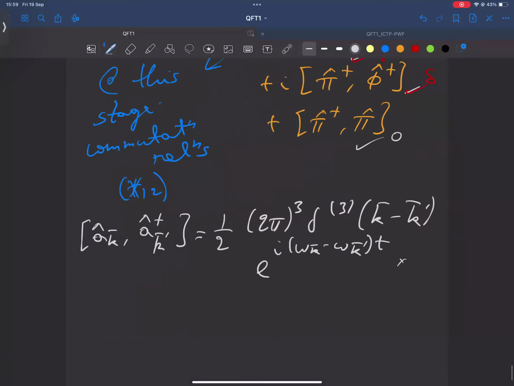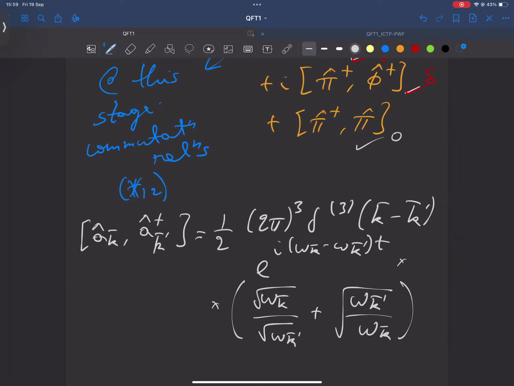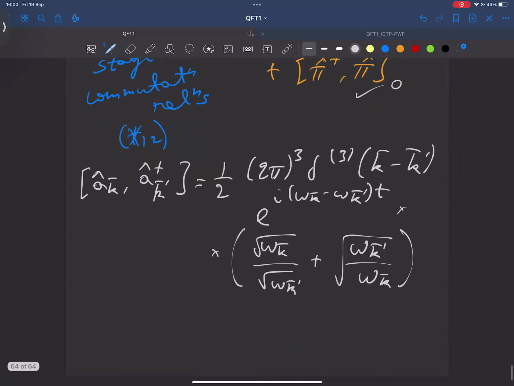And then there are these factors, omega k by omega k prime plus omega k prime by omega k. So I hope the general idea is clear of what we did. So with that, we get this.